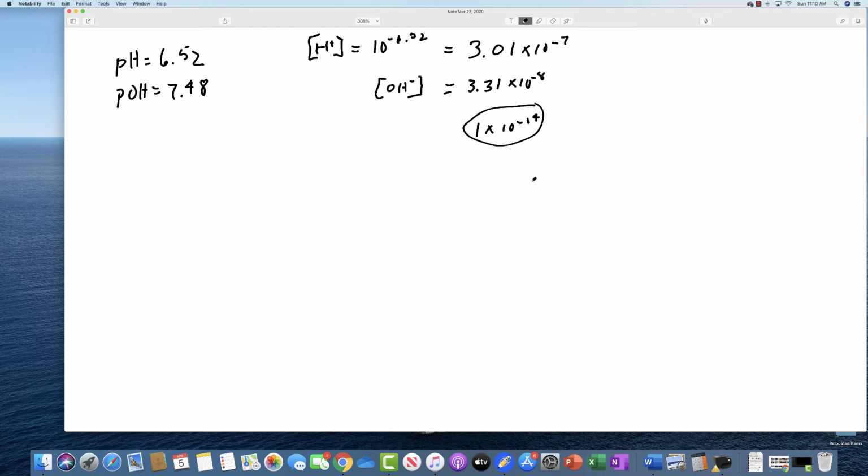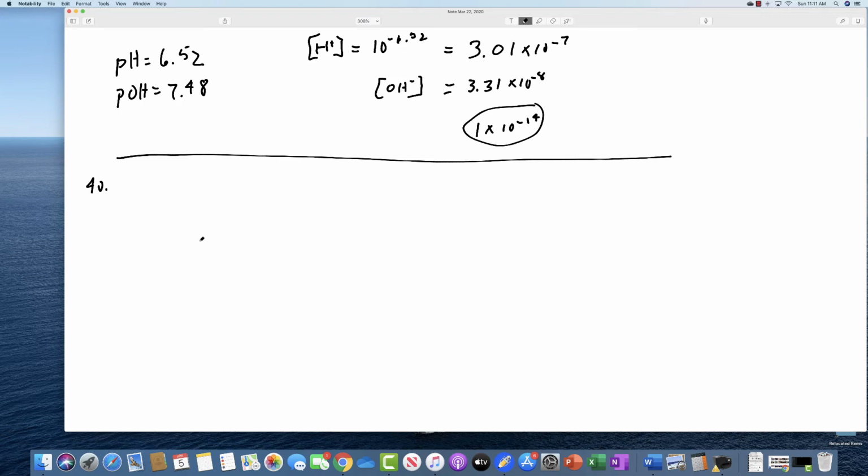Now, all the problems we did up to this point take into account the idea that the acid or the base that we're working with is a strong acid or a strong base, meaning that it's either completely ionized or we're assuming that it's completely ionized. Starting with this group of problems, we're going to be talking about substances that do not necessarily completely ionize.